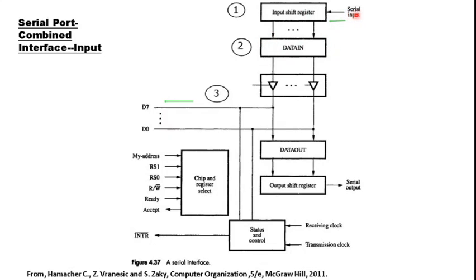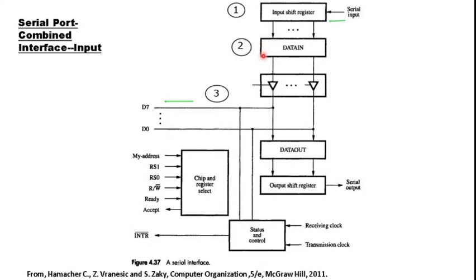So the device puts the bits one by one onto the input shift register. Here the transmission is serial, but once the input shift register is filled up, the contents are transferred to the data input register, and from stage 2 to 3, everything is going to be parallel.